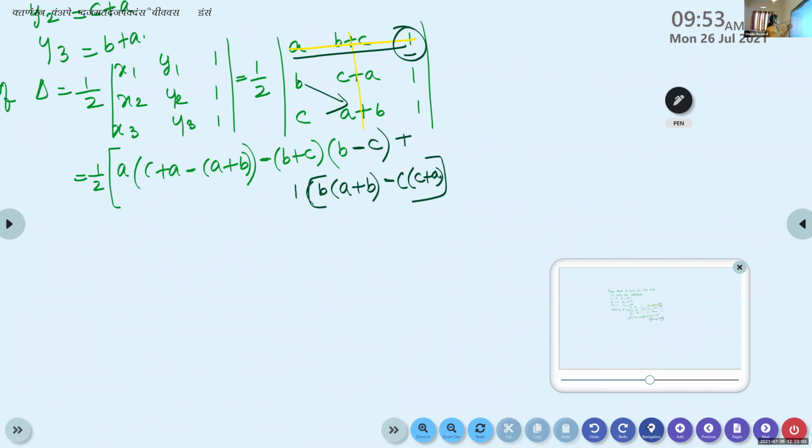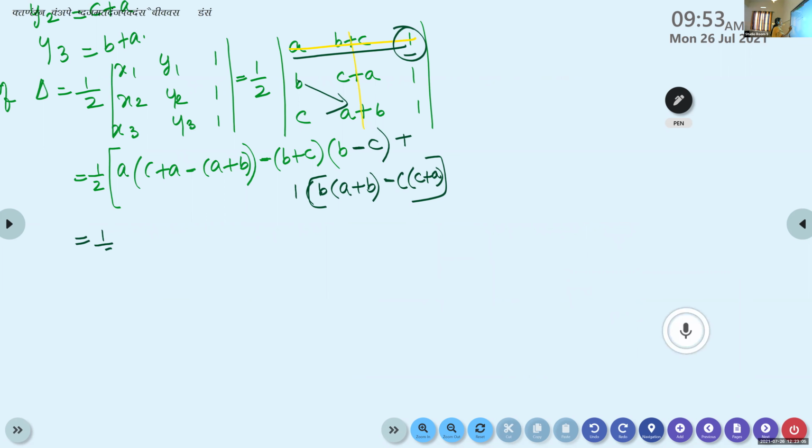So when you expand this, what you will get? Half into AC plus A into A, distributivity. Again A is common for this term, minus A square minus AB, minus of b plus c into b minus c.